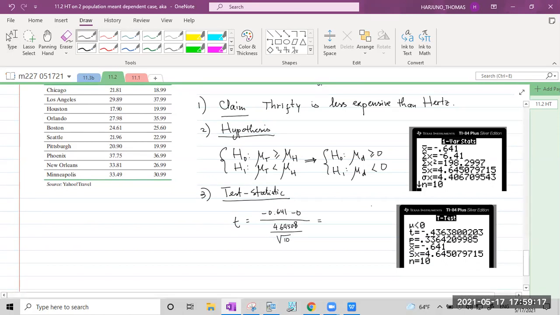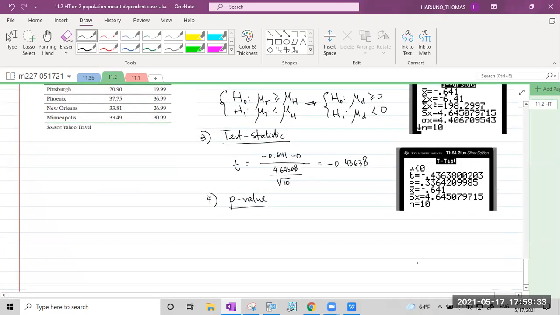So the test statistic will be negative 0.43638. And then step 4, p-value. That's a left tail, negative 0.43638.